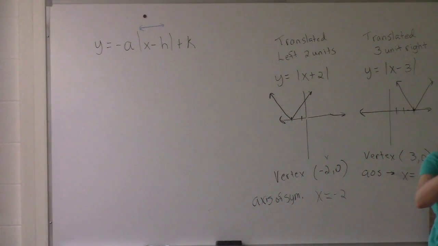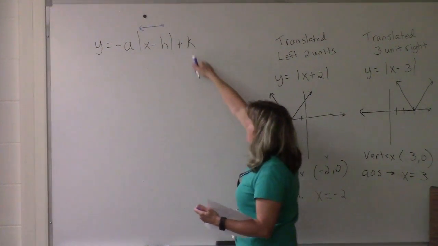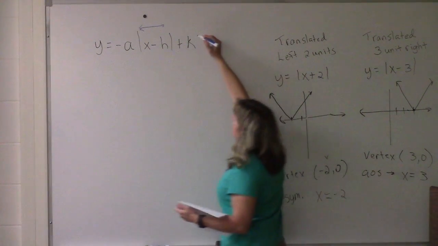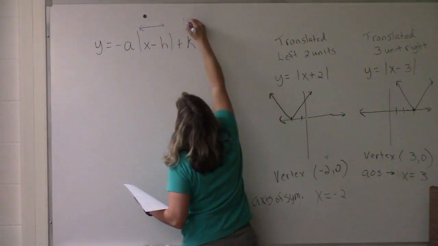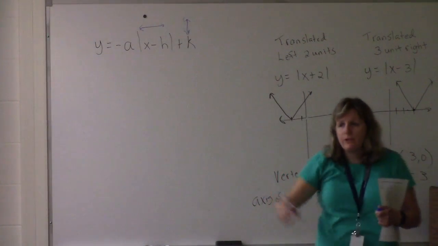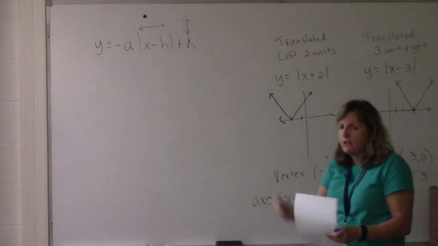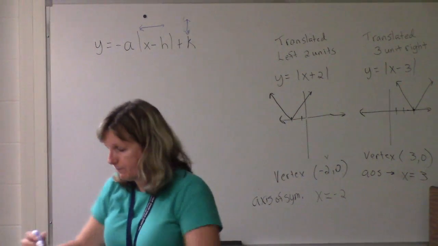It's either going to move right or left. Outside my absolute value, that moves up and down. So put that arrow over top. So inside is how it's going to move right or left. Outside is up or down.